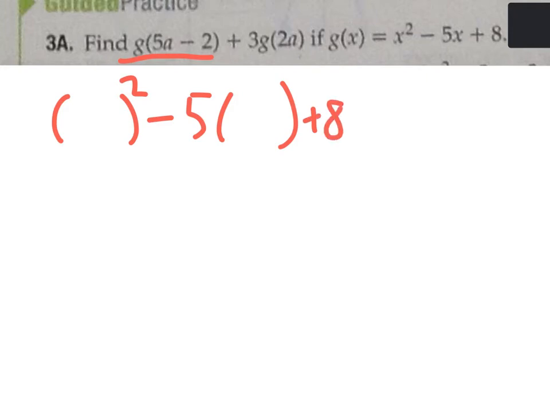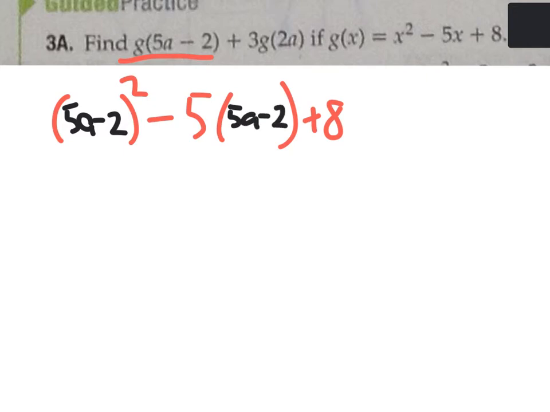Now, what am I going to plug in place of those parentheses? I want to plug in this binomial. What's the binomial? It's 5a minus 2. So you're going to go 5a minus 2 right there. 5a minus 2 right there.